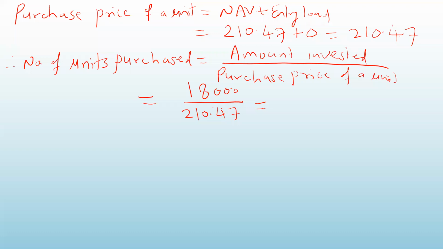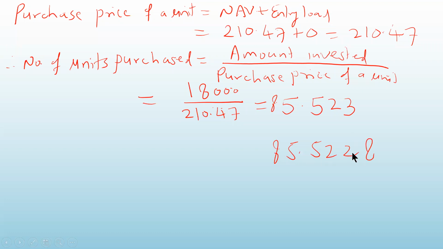This gives you 85.5228. When you do it in the calculator, you get this. I told you in terms of mutual funds, we will always take 3 numbers after the decimal.